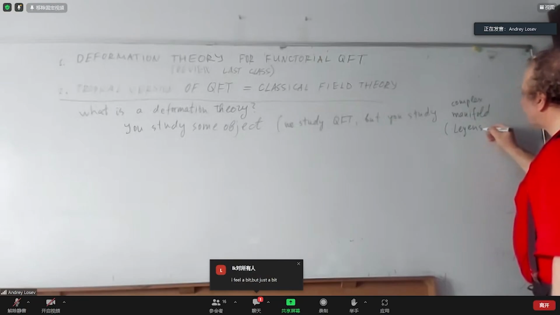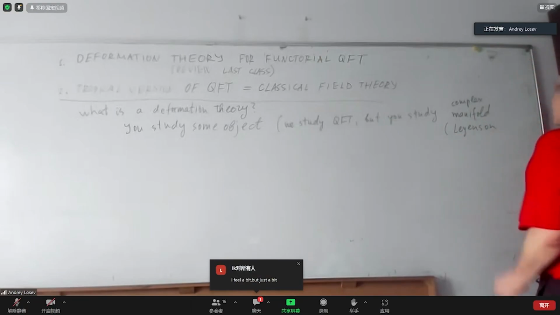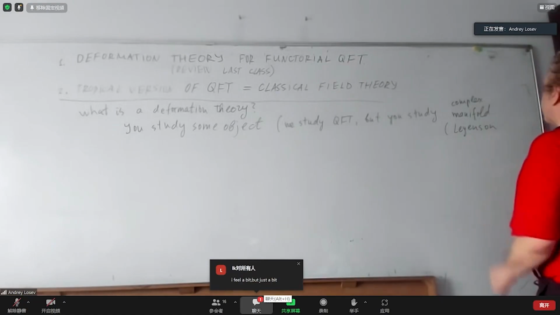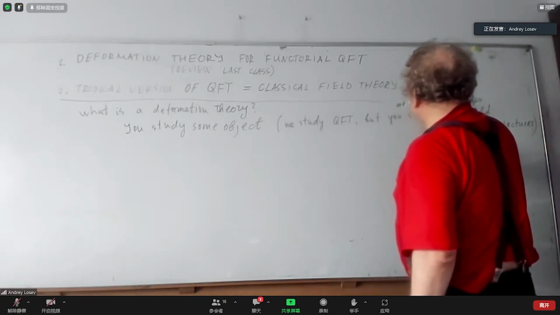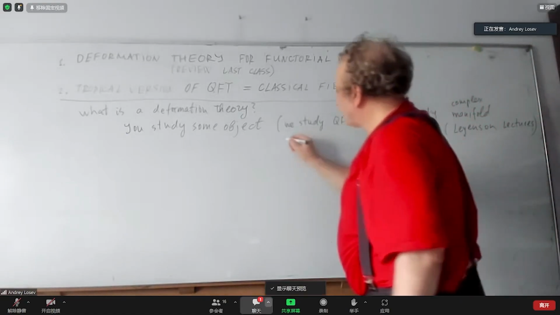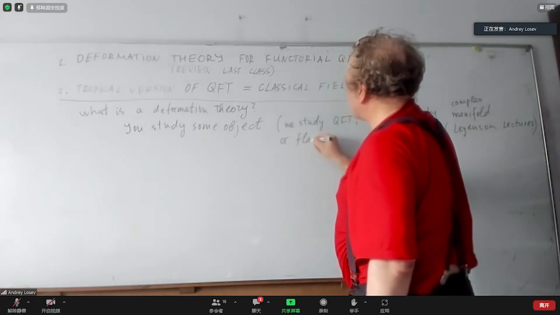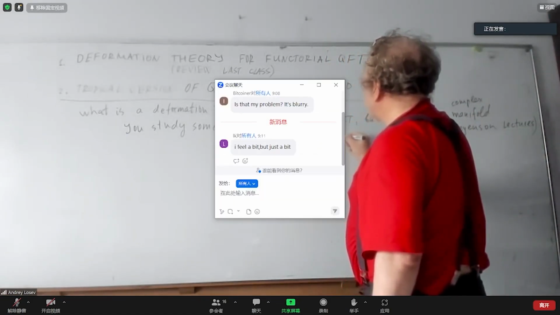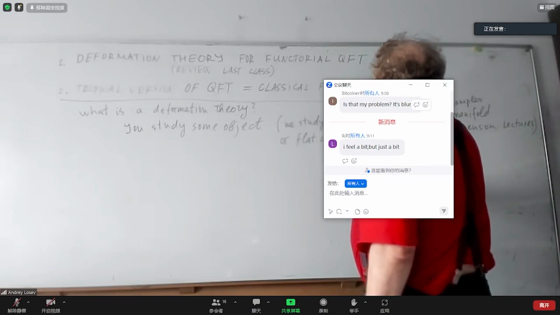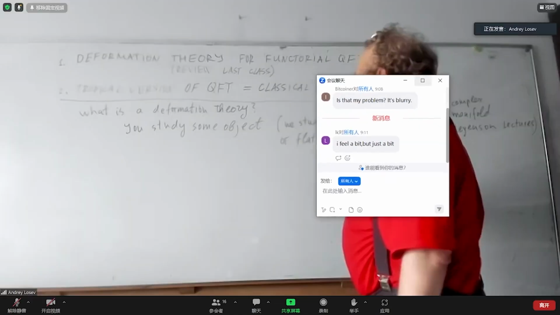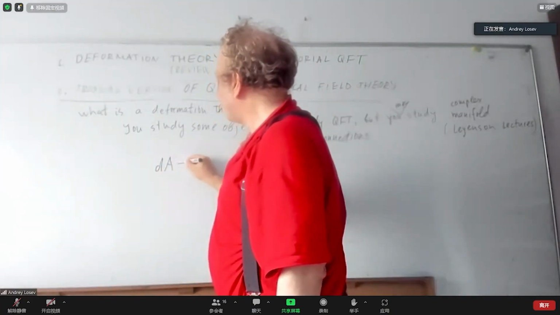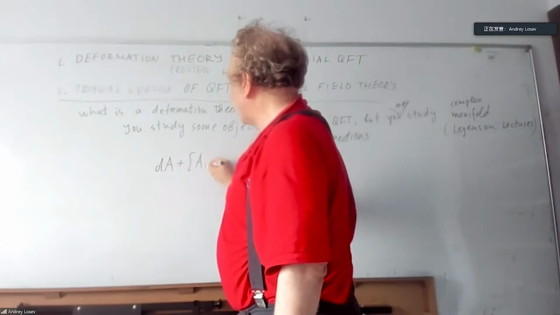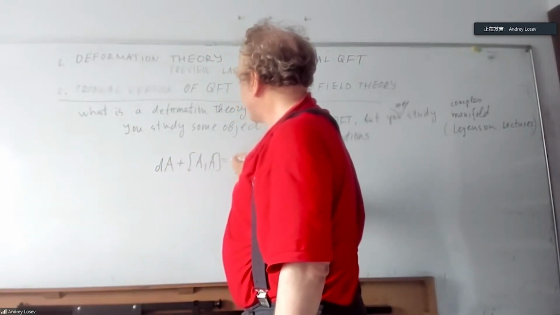so here I recommend you to go to Liaison lectures later. But you may study, or flat connection. So what is a flat connection? dA plus commutator AA equals to 0.